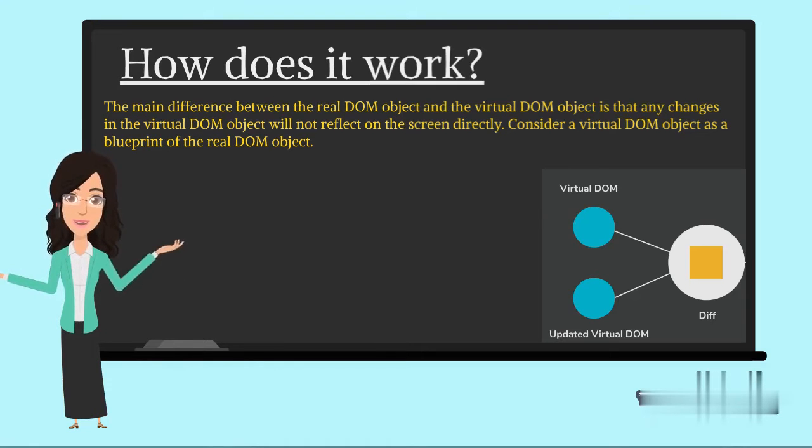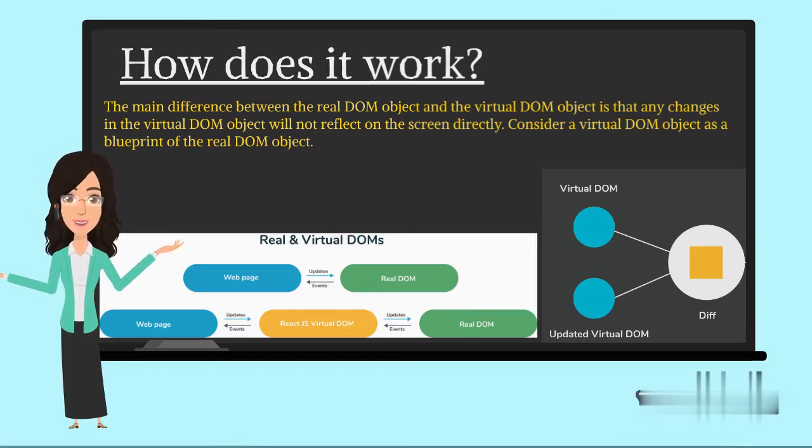The point to be noted here is, one may think updating every virtual DOM object might be inefficient, but that's not the case. Updating the virtual DOM is much faster than updating the real DOM, since we are updating only the blueprint of the real DOM. The real DOM is not affected by whatever render method we used. The real DOM is as it is. We only update the blueprint of this. So it's a much faster method.